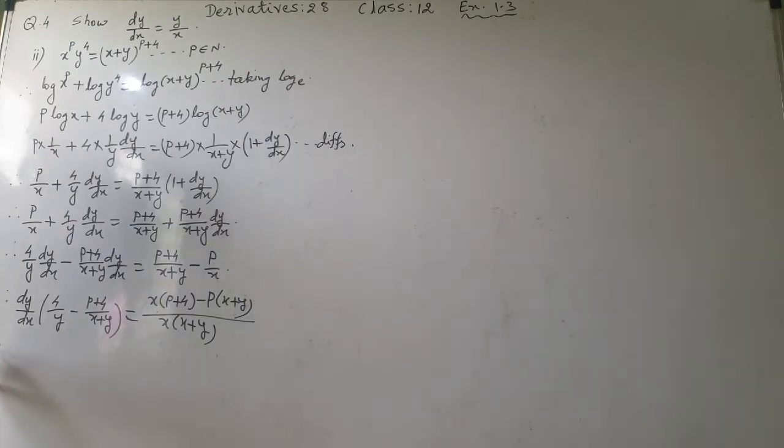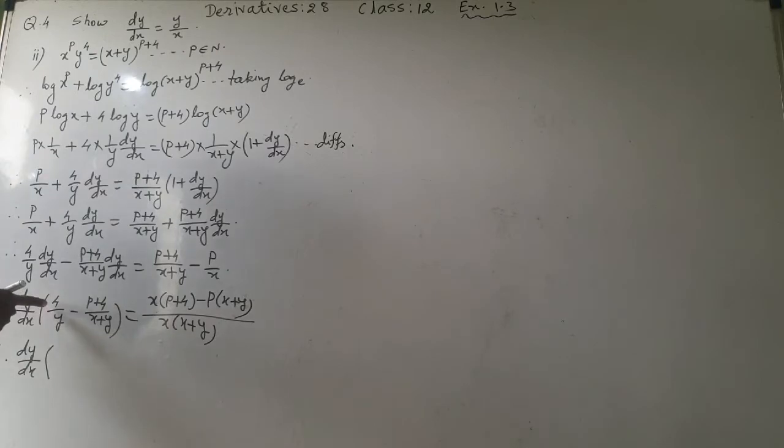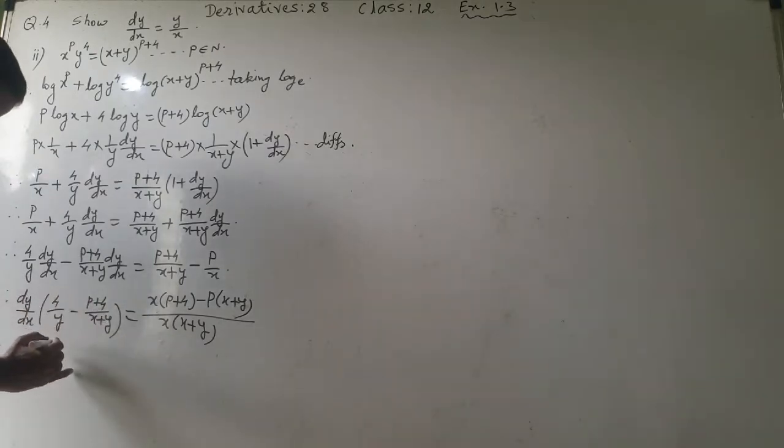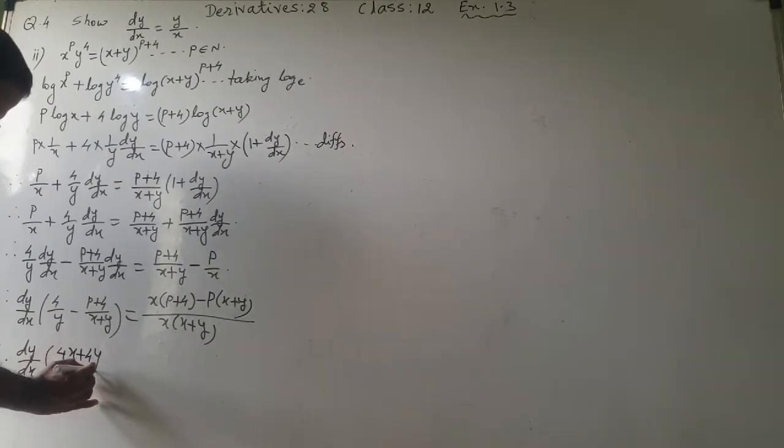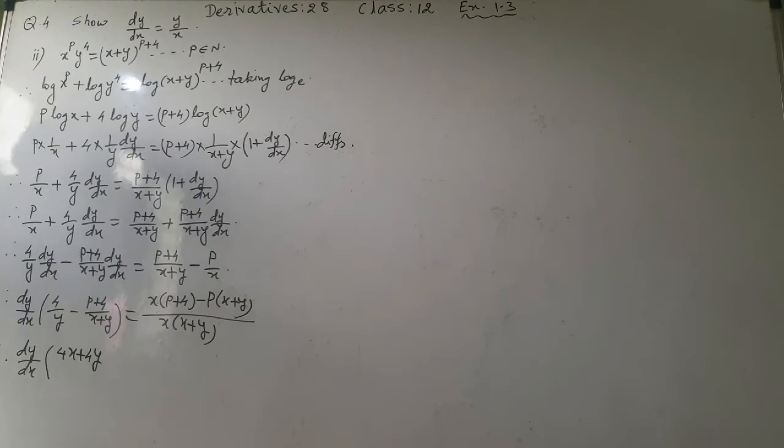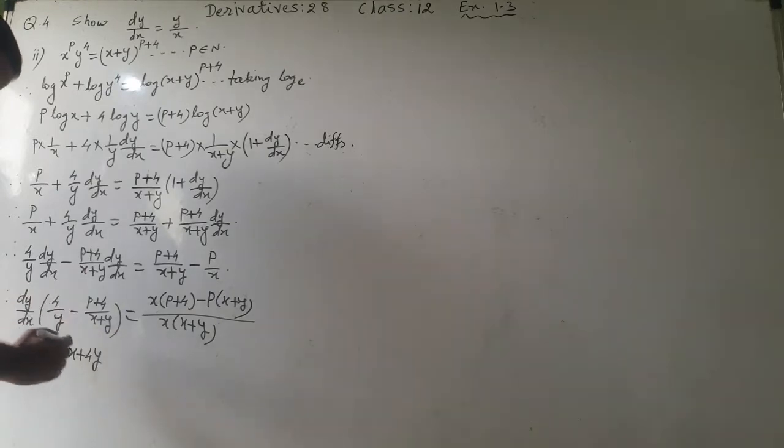Therefore, now the next step, this also we have to simplify. Therefore, dy by dx into bracket, I will do direct multiplication here: 4 into x is 4x, 4 into y is 4y. So 4x plus 4y. Okay. Now this I will multiply. Remember that there is a minus sign.